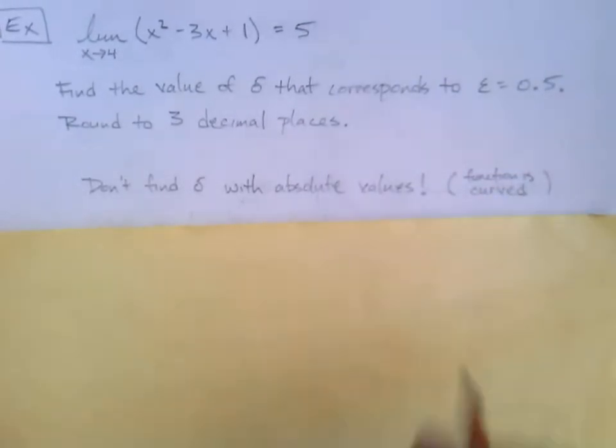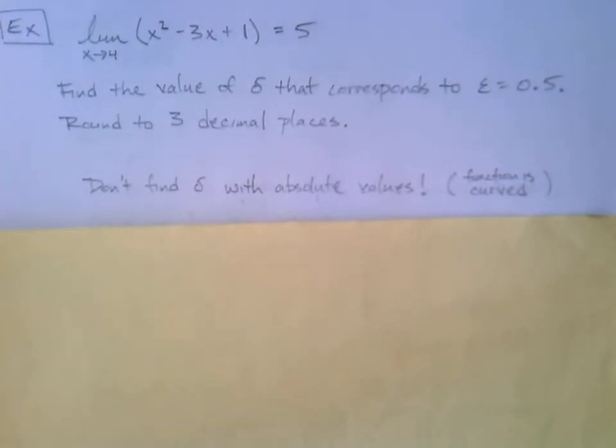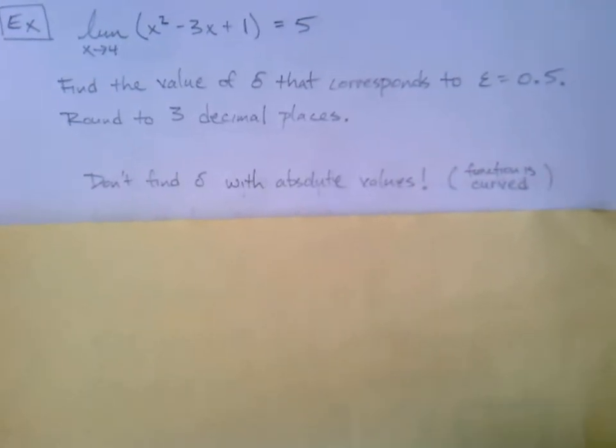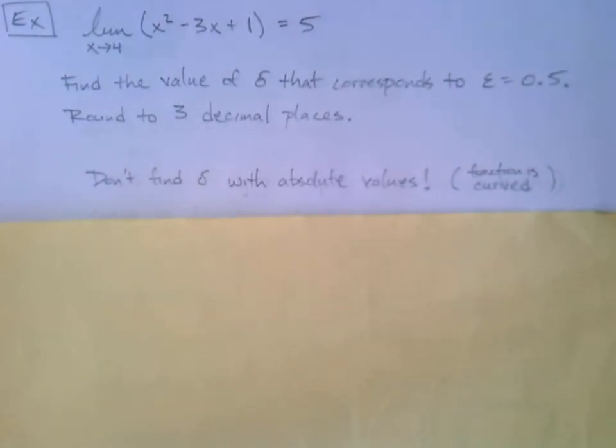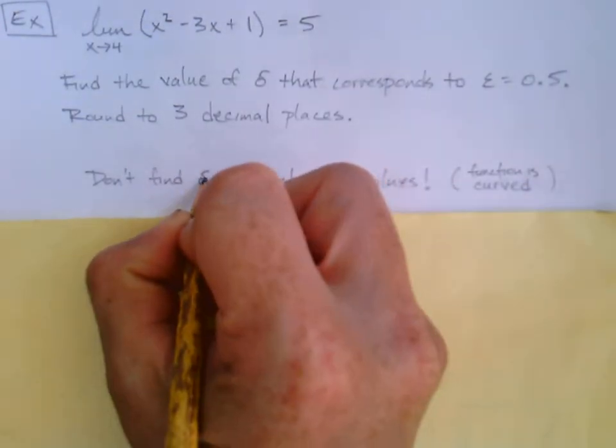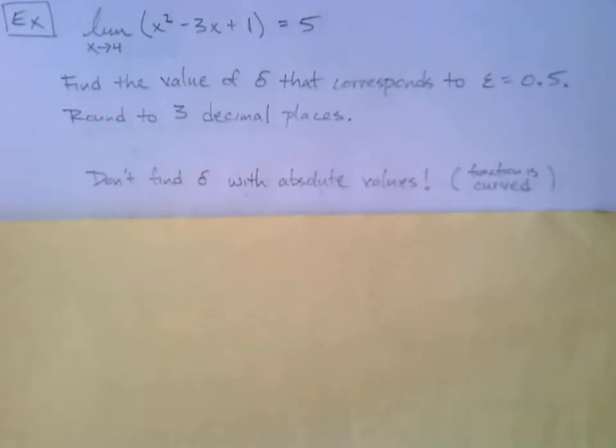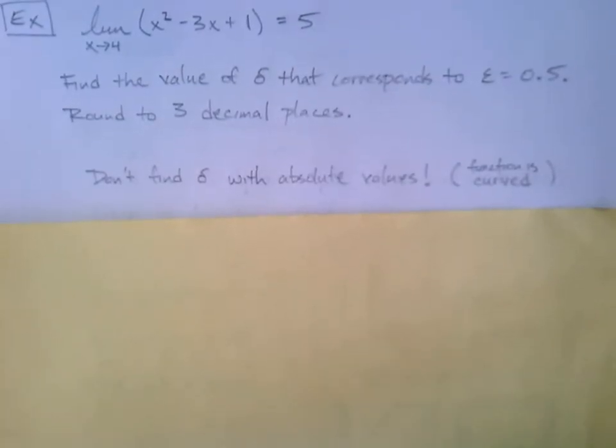It's not a straight line. A straight line is great because we can always factor out the slope, divide, and we get the relationship between epsilon and delta. But when it's curving, that's a different story. But no problem. We've got just a different approach here.